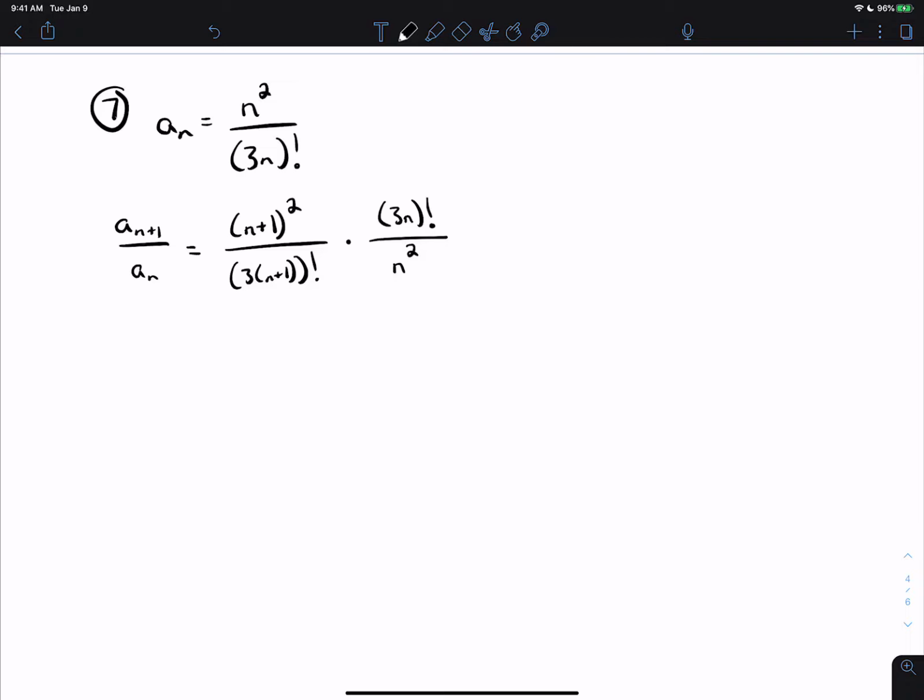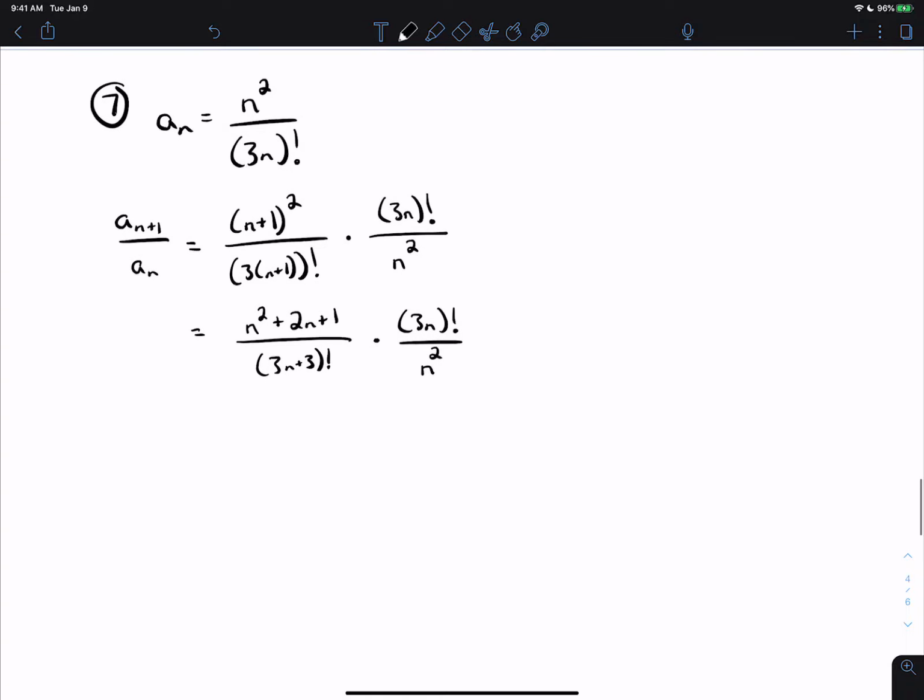So now we're going to distribute the stuff on top, in the first fraction. And so we get n plus 1 squared is n squared plus 2n plus 1. And then on the bottom we get 3n plus 3 factorial. And then there's nothing really we can do to simplify the right-hand fraction. But now we can cancel the factorials. And if this is something we're not familiar with, maybe go watch the video on factorials.